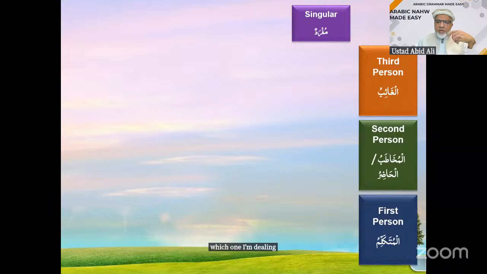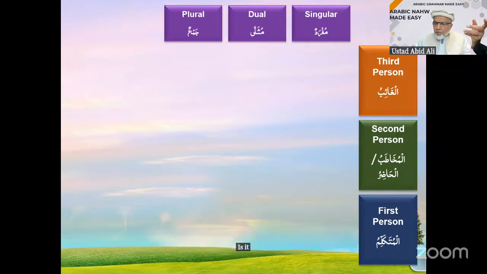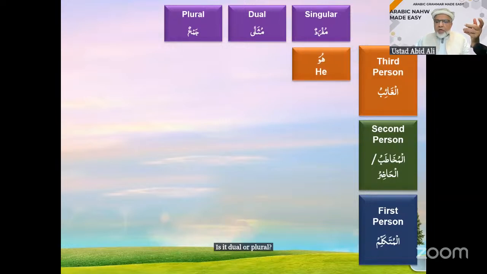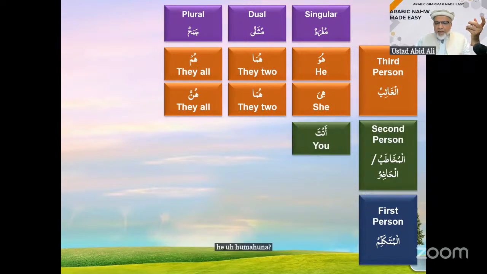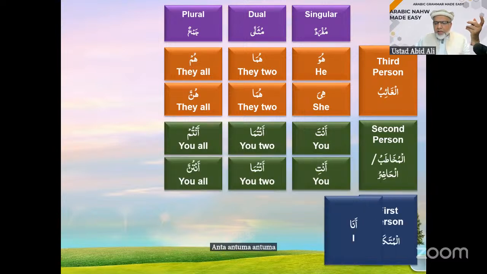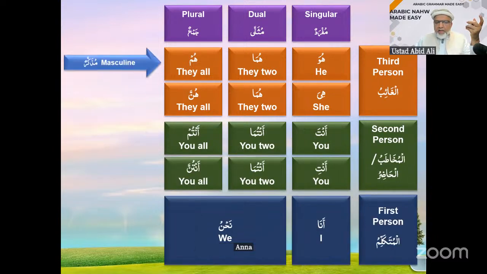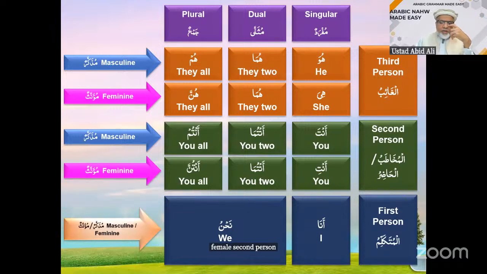Then the other important information: is it singular, dual or plural? Then we are talking about male and female. So huwa, huma, hum, hiya, huma, hunna, anta, antuma, antum, anti, antuma, antunna, ana, nahnu. Now you know this is for male third person, female third person, male second person, female second person, and the first person is male and female common.